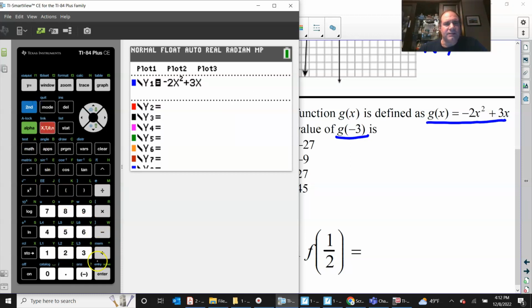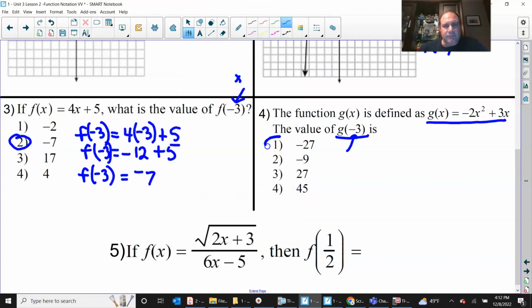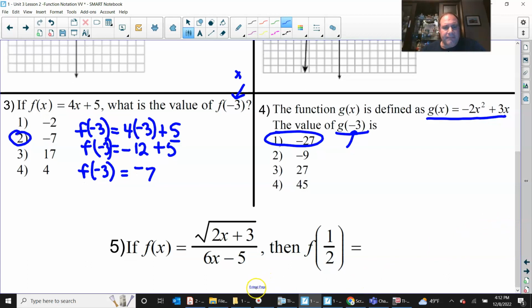I don't want to do this by hand. I'm going to press second function table. I'm going to go down to where x is negative 3. Passed it. Negative 27 is my answer. Voila. Easy, easy, easy.